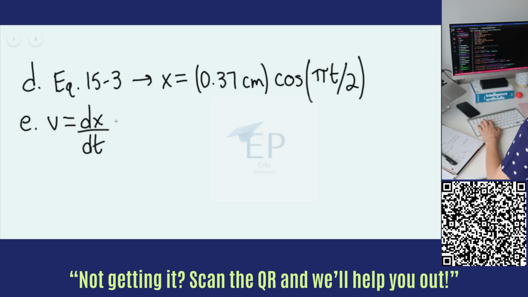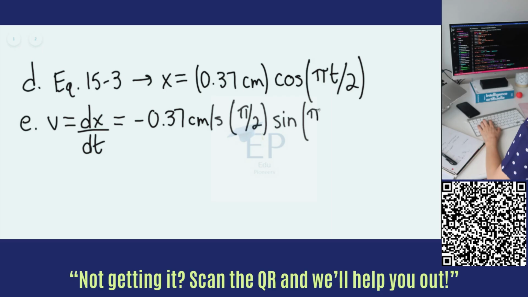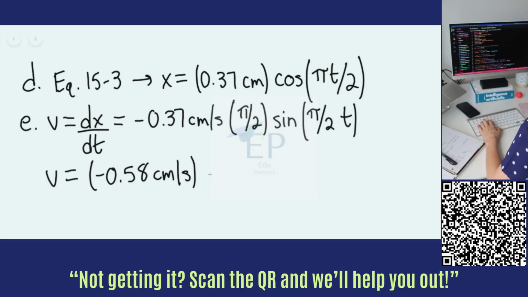so v is equal to dx with respect to t, and this would be equal to negative 0.37 centimeters per second multiplied by pi over 2 times sine of pi over 2 times t, and we can then say that v, simplifying, would be negative 0.58 centimeters per second multiplied by sine of pi t over 2.